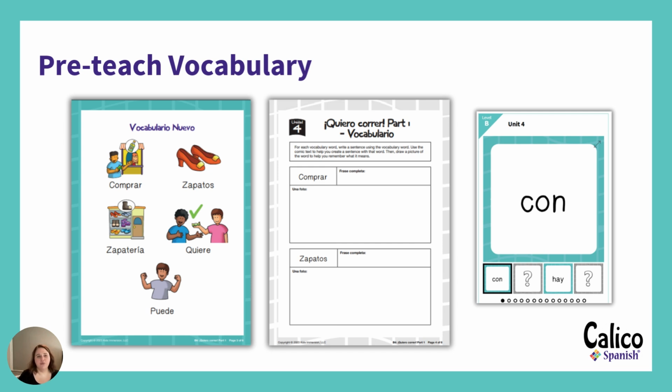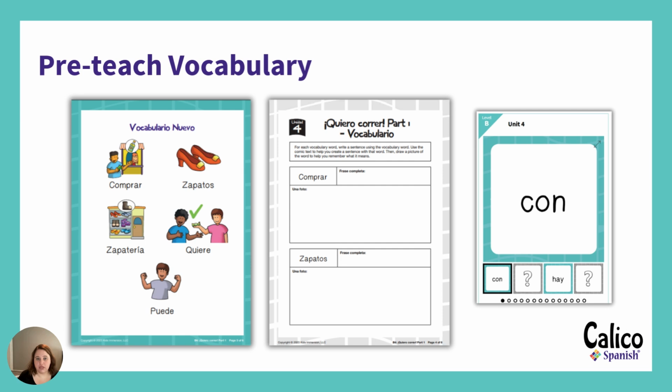Now, if you are working with very young learners, it may be very unrealistic for them to put a word in a complete sentence. However, it might not be unrealistic for you to ask them to draw a picture that represents the word comprar. So comprar means to buy. And once they know that, ask them to draw something that shows comprar in action.